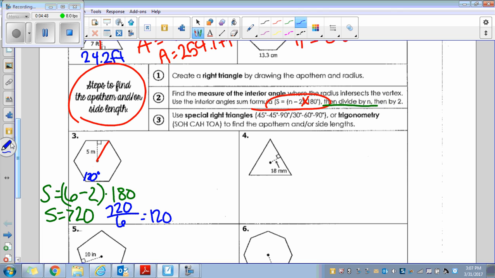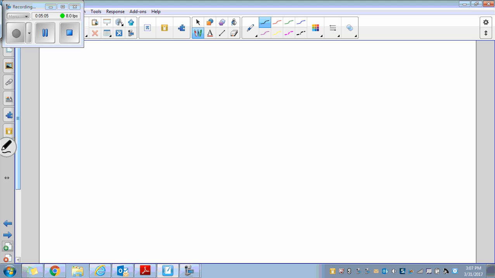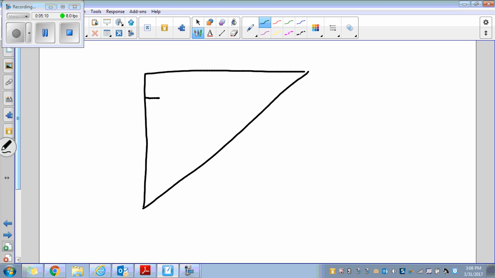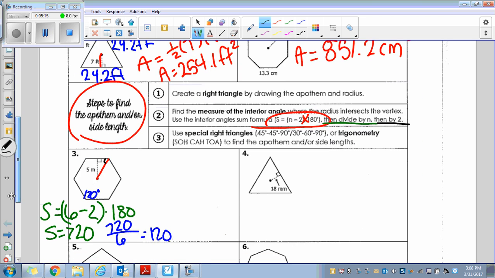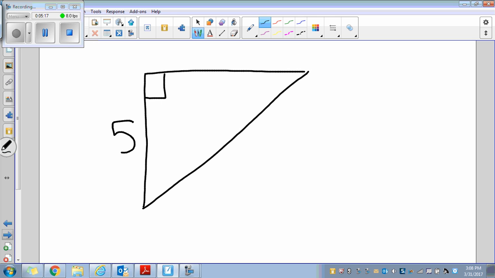The next step after that, it says to divide by 2. And the reason I'm doing that is so that I can get this inside angle here in my right triangle. And I'm just going to go on to the next page and make that right triangle a little bit bigger so we can see what's going on. We said that the apothem is 5, so I'll label that 5. And we know that each angle in that hexagon is 120.